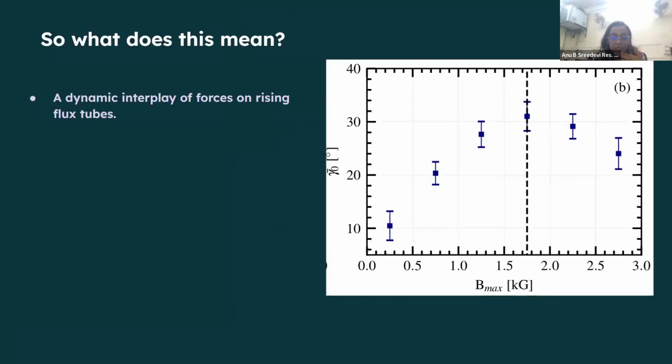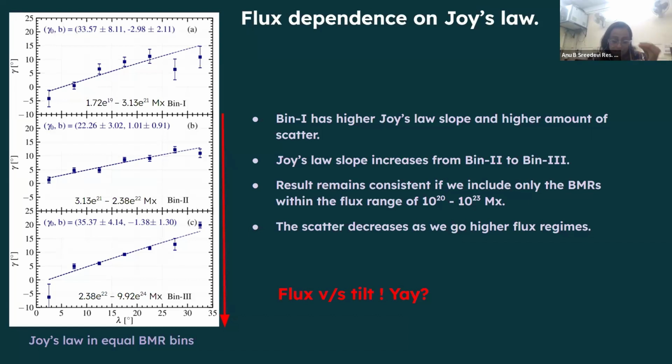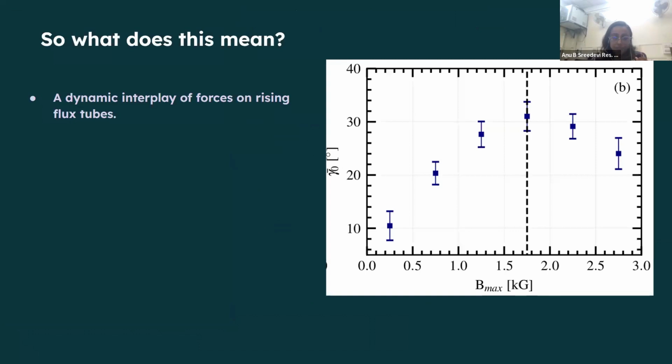But we believe that we can provide some observational support to the flux tube model. Now, the end of it all, what does this eventually mean? We propose that there's a dynamic interplay of the forces in a rising flux tube.